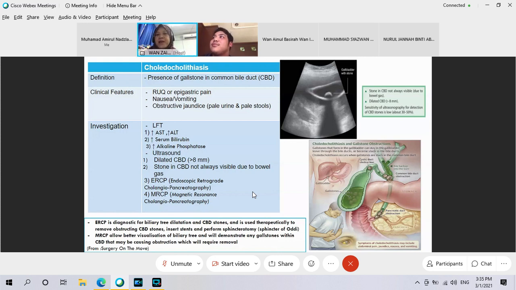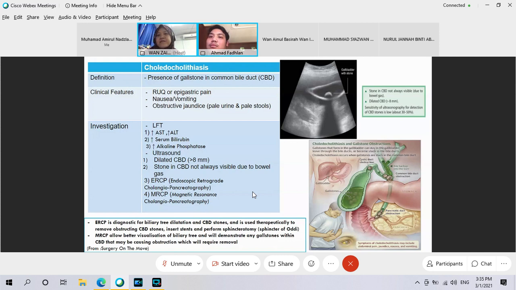Right. So ALP is very high compared to AST and ALT. Right. Why is ALP more prominently high compared to AST and ALT in choledocholithiasis?